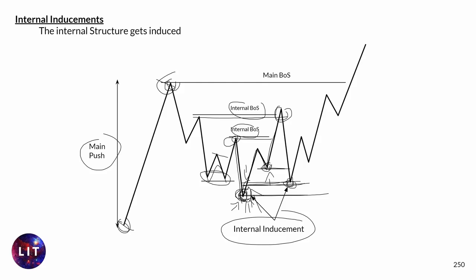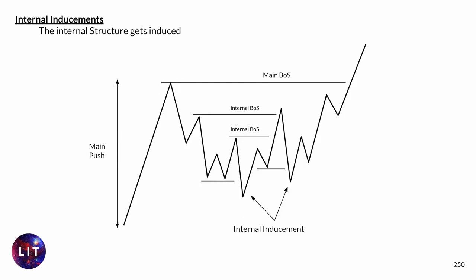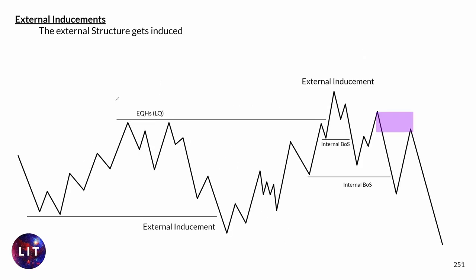Okay, and then of course we also have external inducements. External inducements means, of course, everything that is not internal pushes. So if you see this whole structure in here, you have these equal highs, aka liquidity. Also these pushes in here, see all these pushes in here, and now it induces this external push, right? It's not even included in this push anymore.